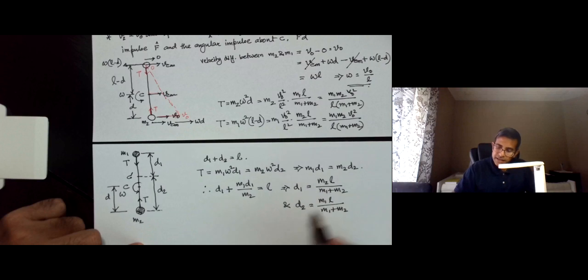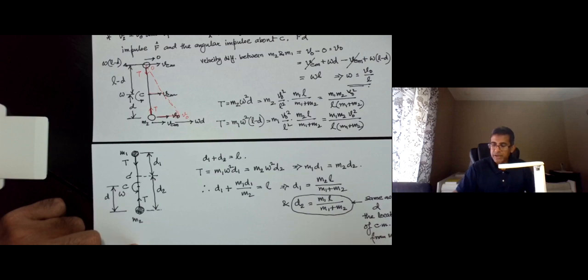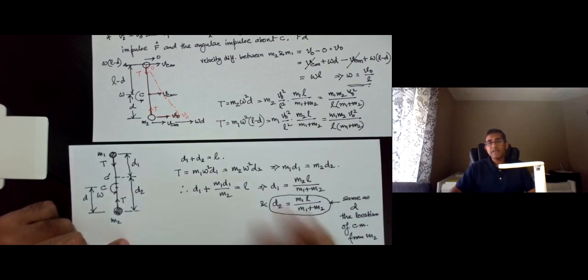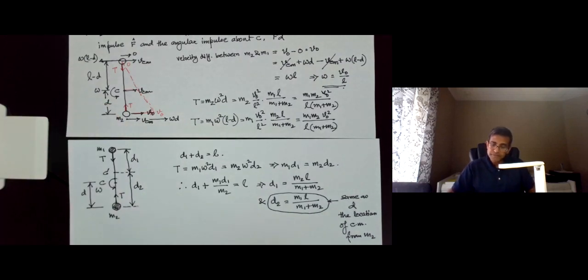Okay, and we see that indeed this quantity is the same as D, the location of CM from M2. So indeed we are saying that we should consider the center about which the system is rotating to be the center of mass of the system.